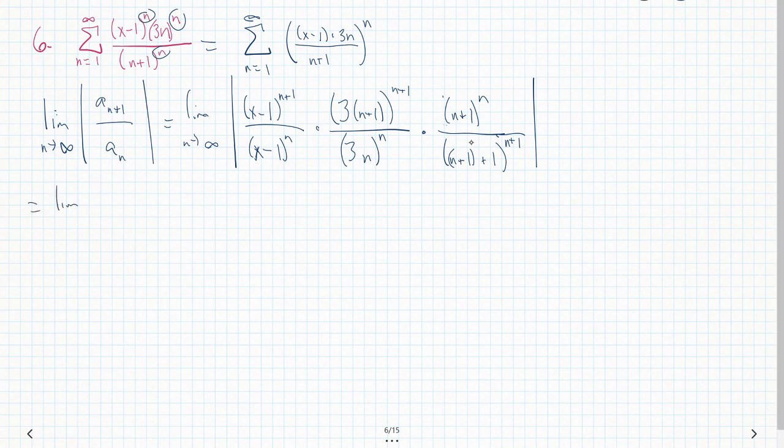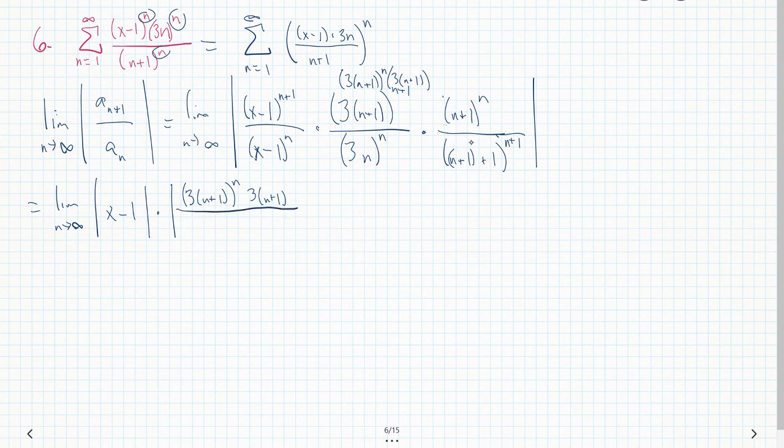So this thing equals the limit as n goes to infinity of, we'll have an absolute value of x minus 1, and I'll start breaking up the absolute values as well because that'll be a little bit easier. This can be rewritten as, I'll leave the 3 to the n plus 1, but we'll go to the n and then times another 3 and then an n plus 1 there. So this is 3 to the n plus 1 raised to the n times 3 to the n plus 1, and I don't even need the extra parentheses around that second one, but you can put it if need be.